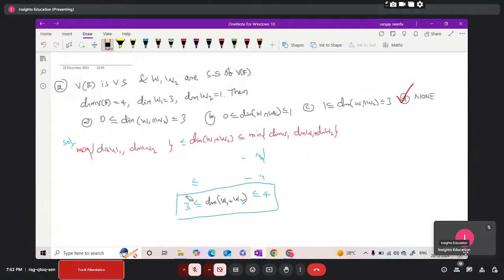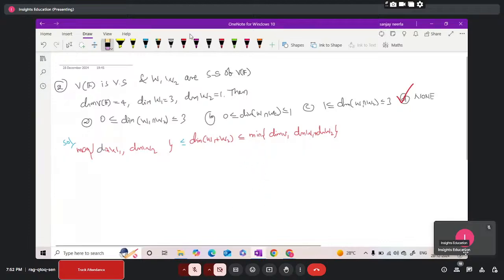What is the formula for the intersection? So the formula for the intersection is the dimension of the intersection of W1 and W2 is in between. What is the right side? The right side is the minimum of the dimension of W1, comma, the dimension of W2.